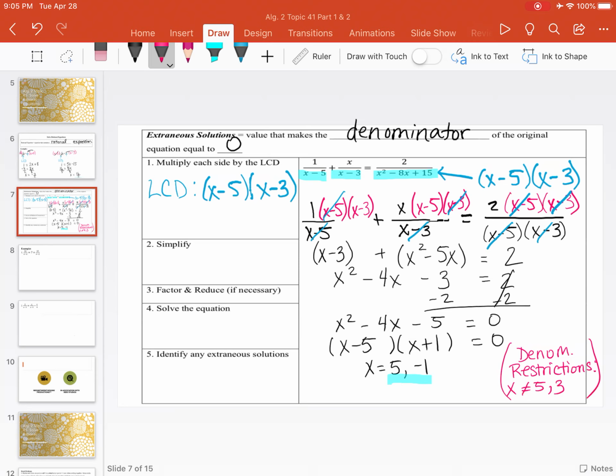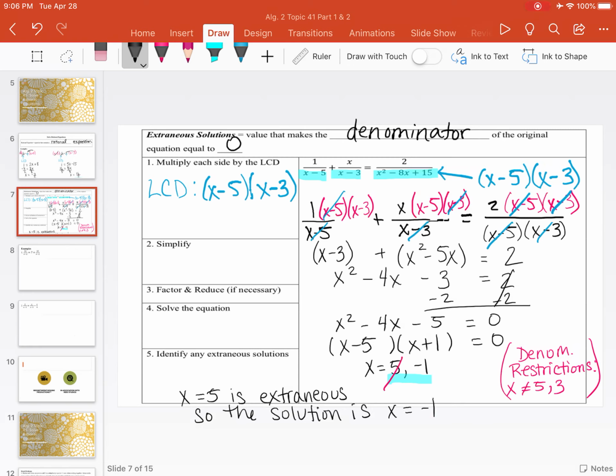So looking at my two possible solutions, 5 and negative 1, I can't include 5 because that would make one of the denominators equal to 0. In other words, we would say that x equals 5 is extraneous. So the only solution is x equals negative 1.